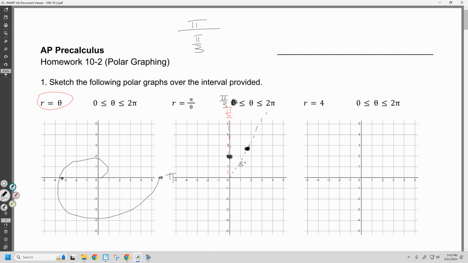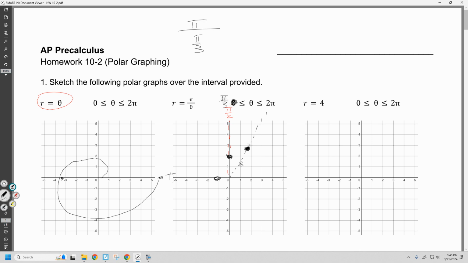Now, here's where it's important, guys. The angle pi, the radius of 1. Don't go over here. At the angle pi, my radius is 1. Yeah, you see that pi and it freaks you out? Doesn't matter. You think about things with r's and thetas. This is the point pi comma 1, or 1 comma pi.